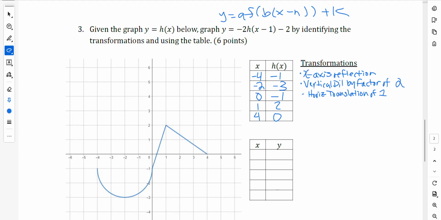So remember, with the horizontal transformations, whether it's a dilation or a translation, what we write down is kind of the opposite of what we see inside the parentheses. So this is a horizontal translation of 1 unit. So it's moving in the positive direction.